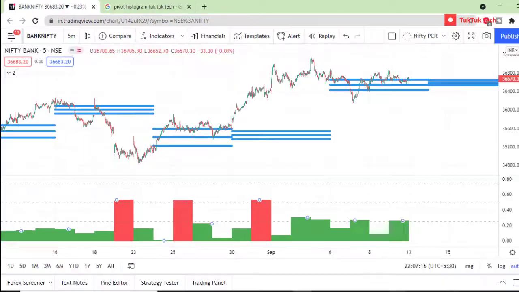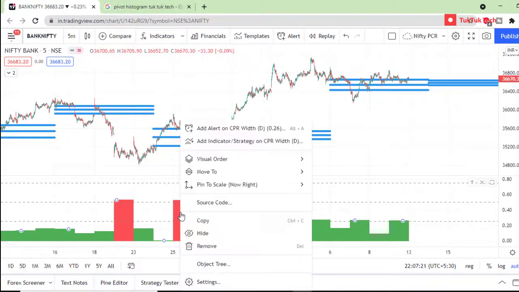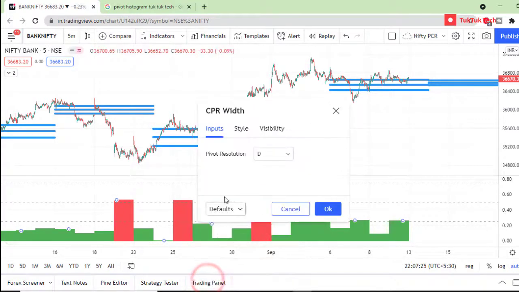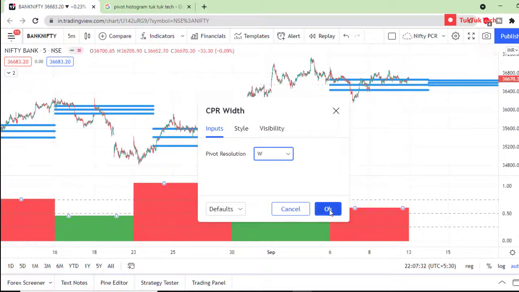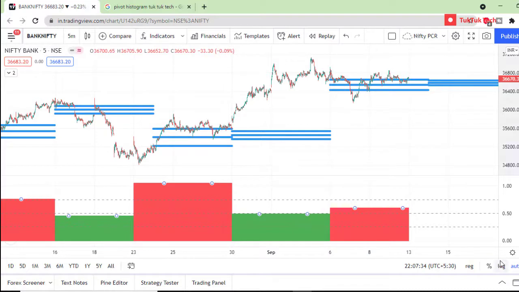By default, CPR width indicator will show you the width for daily time frame. In Settings, change the pivot width resolution from day to weekly if you are using weekly pivots.